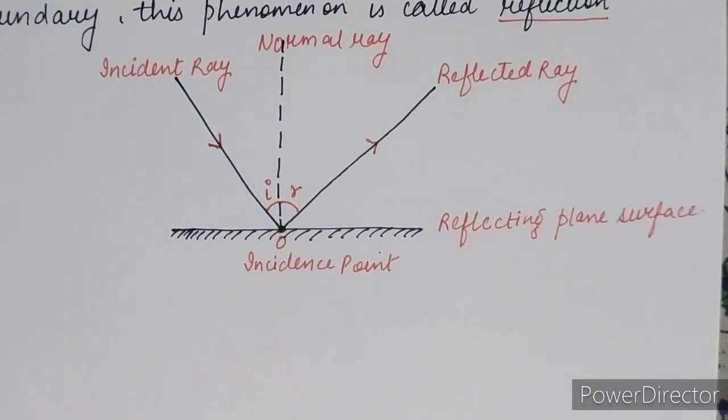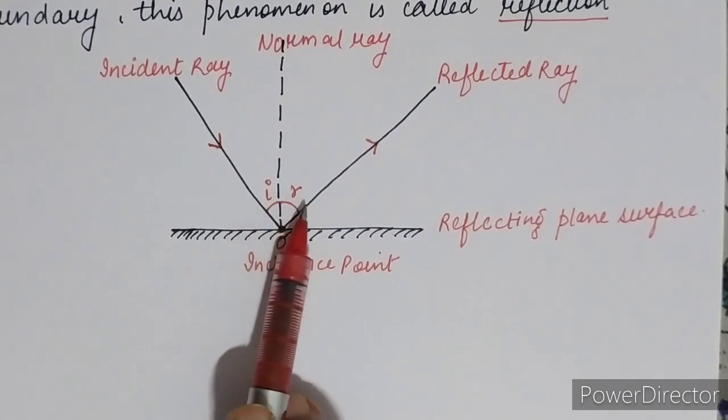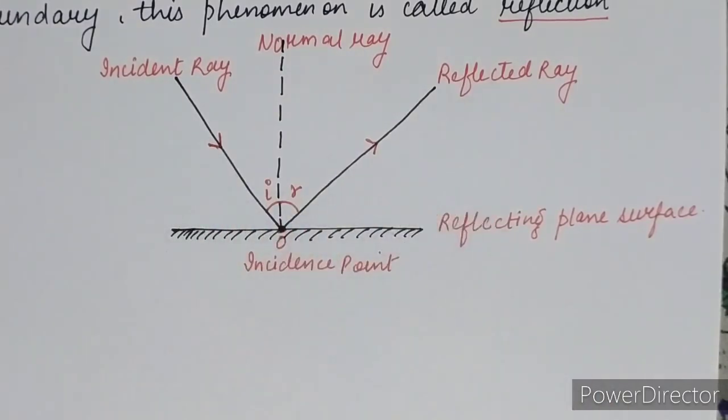Because surfaces are of two types, a regular plane surface and a rough surface. If light rays are incident on a plane surface, then angle I is equal to angle R, and we get a perfect reflected ray. But if the light ray is incident on a rough surface, then we get irregular reflection. In irregular reflection, even the laws of reflection are not followed.